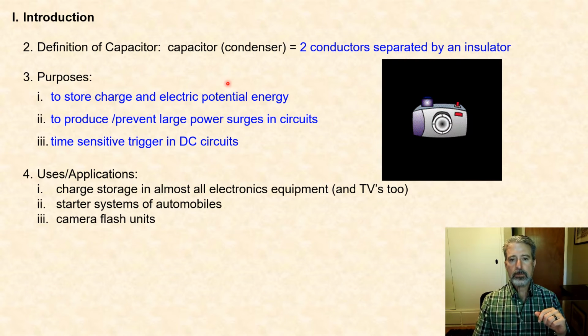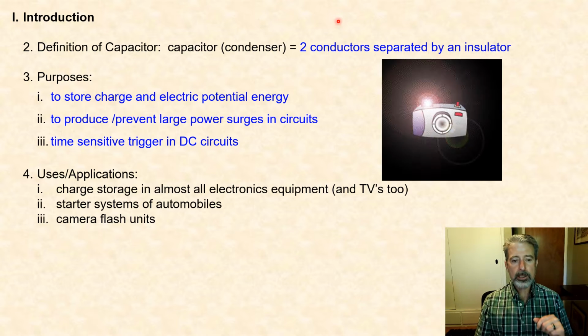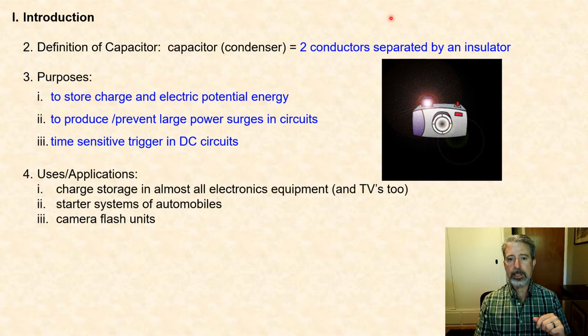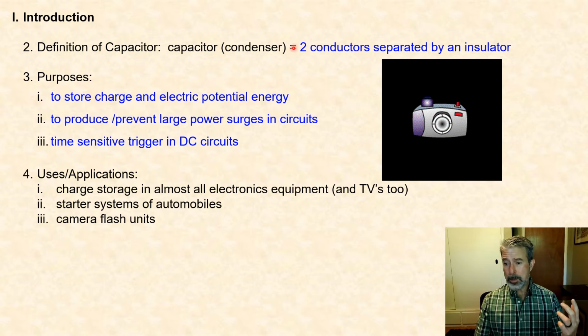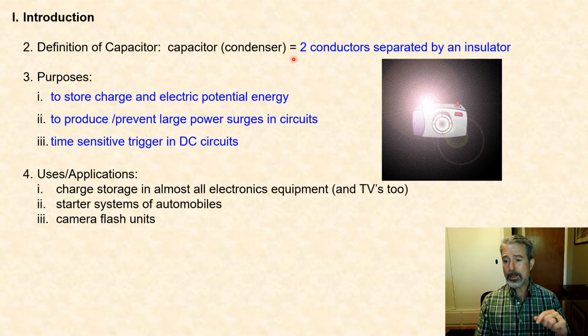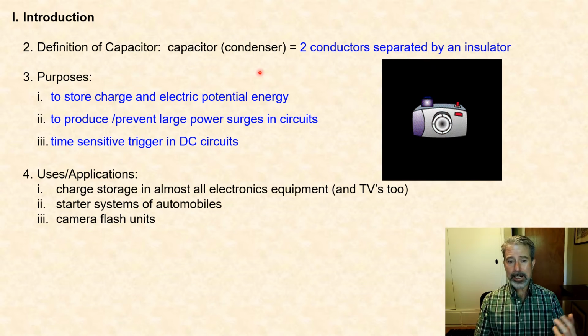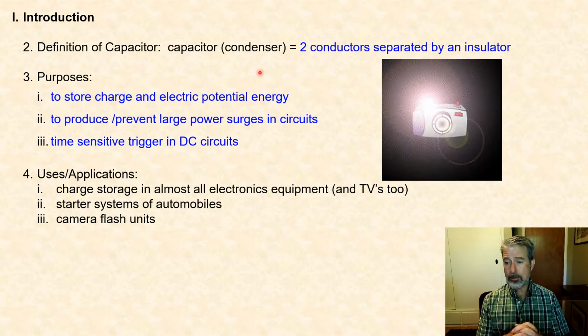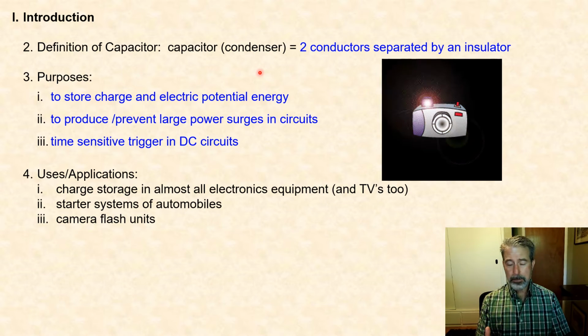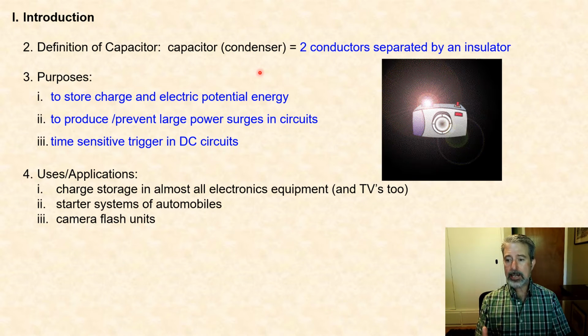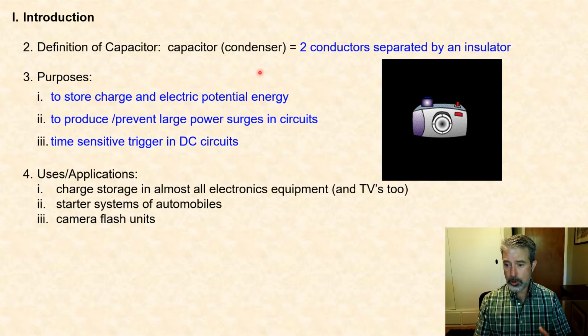All right, so camera flash units, especially in the old style cameras. To light up a room required a lot of energy that a battery on a camera simply could not provide. So that battery charges up a capacitor, and then that energy is released, providing you a surge of power and a very bright flash.